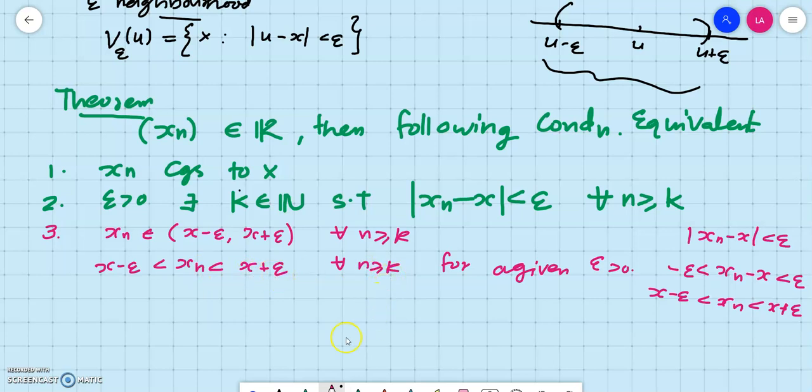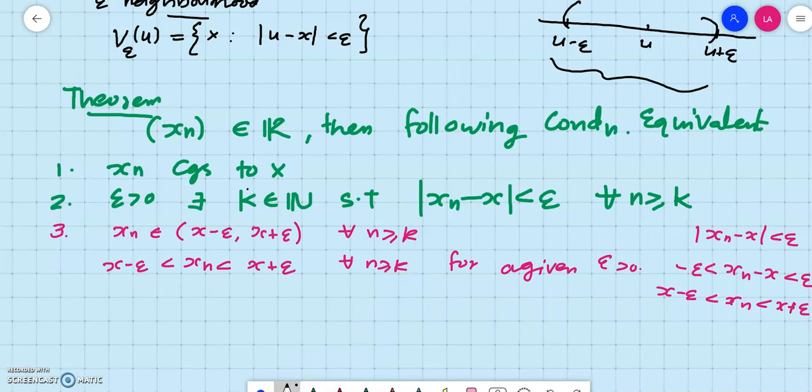This is the third equivalent statement. Now we are moving on to the fourth equivalent statement.